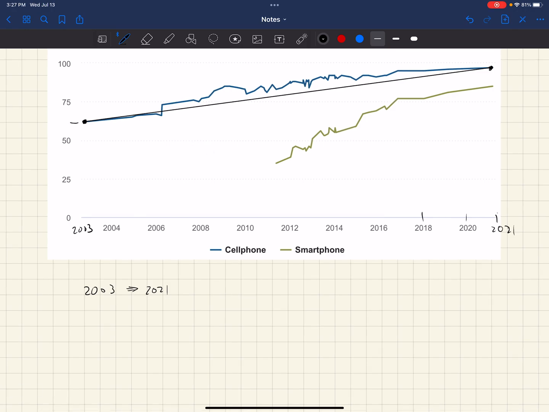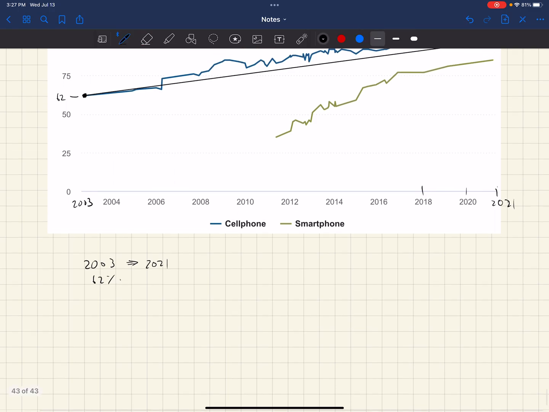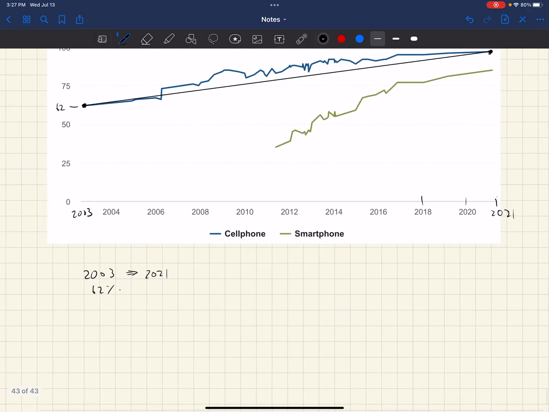Halfway between 75 and 50, that's about 62.5, but I'm going to go with 62%. So about 62% of adults had cell phones, but by 2021, that seems like about 92%, right? Obviously, it's an approximation. Your project also doesn't have to be a perfect one.